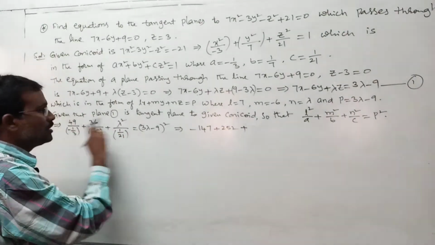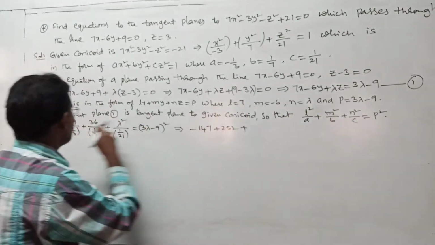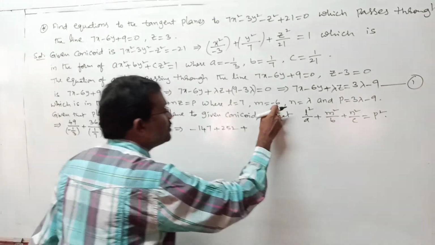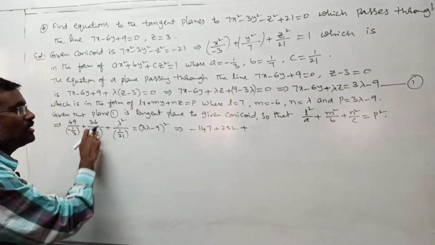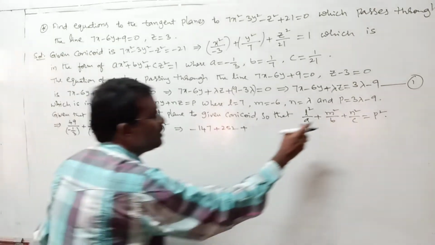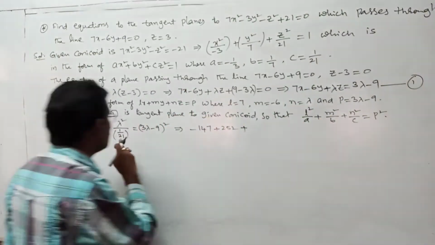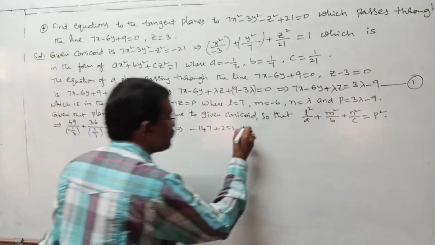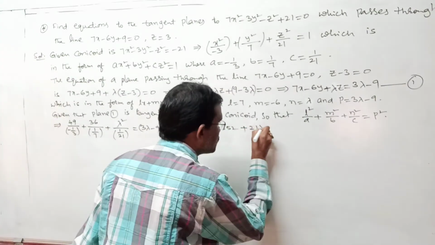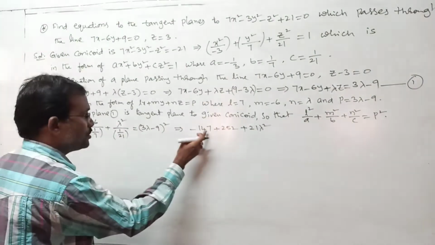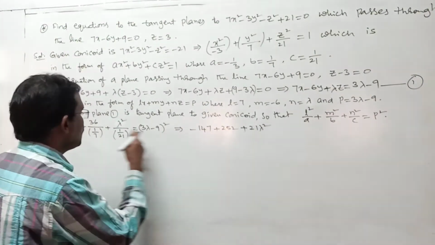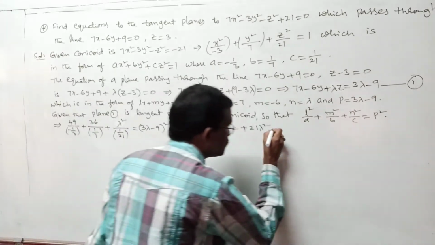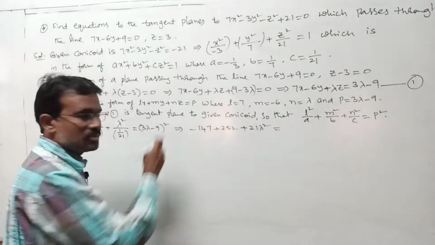So here L square by A, 7 square by A is minus 1 by 3, M square by B, M is minus 6 whole square, divided by B which is 1 by 7, and N square, lambda square by C which is 1 by 21, equal to this. Here it is 21 lambda square. Now do A minus B whole square.